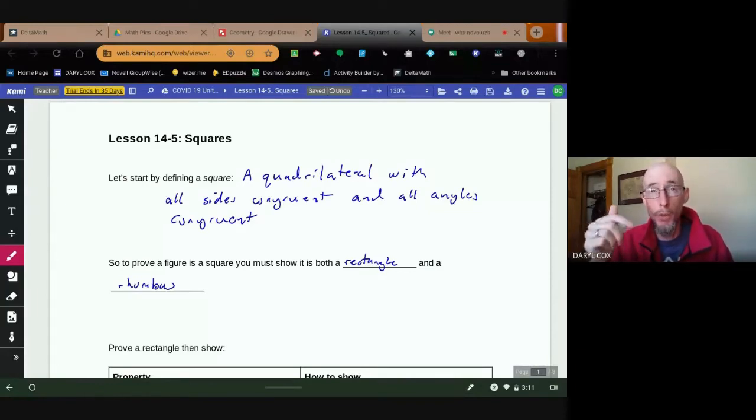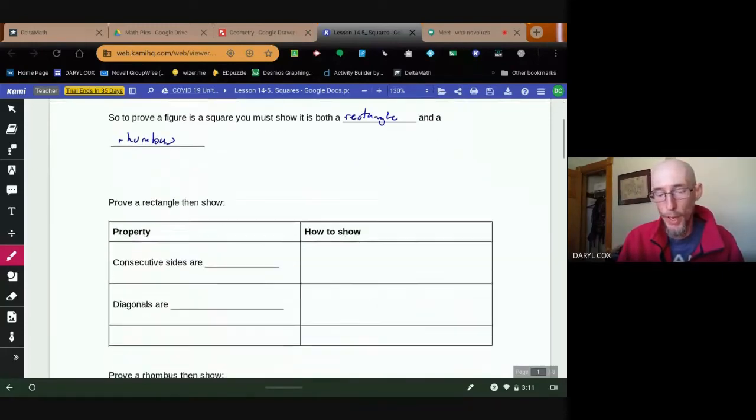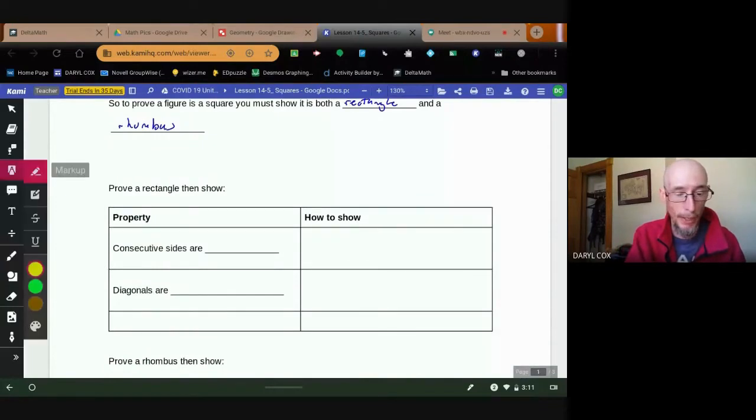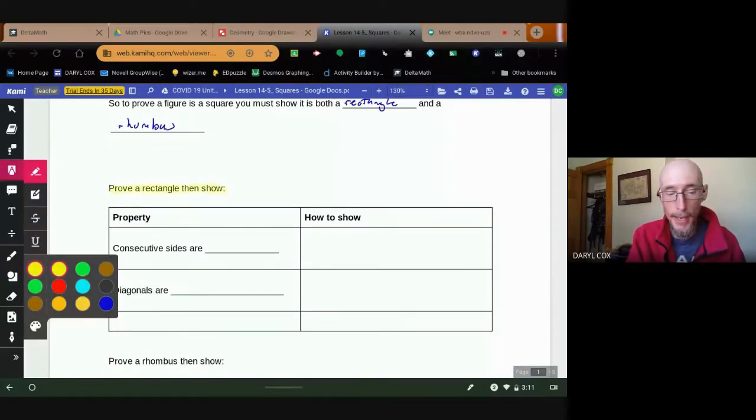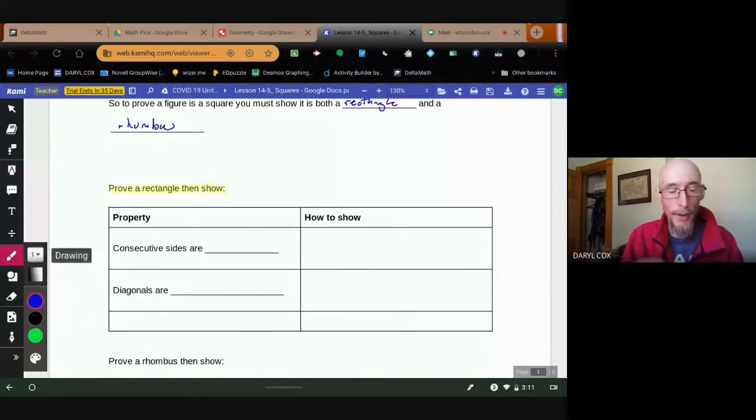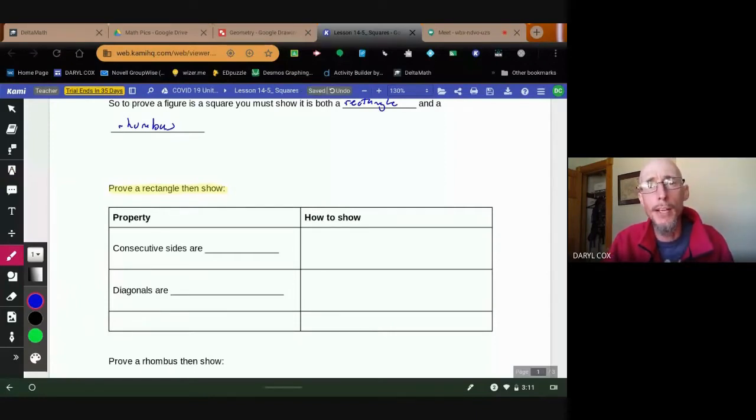The good news is once you prove one of those, it's a little easier to get to the next one, okay? So there's two different methods to proving something is a square. First of all, I could start by proving it's a rectangle. What's a nice, easy way to prove that it's a rectangle?